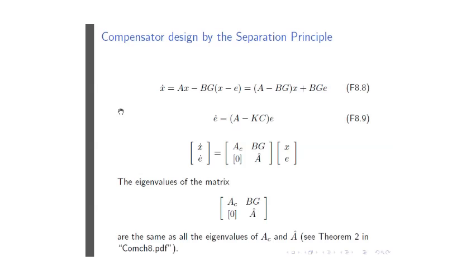He converts this to the Laplace domain, and then he offers a Laplace domain argument to get to the conclusion where I'm heading now. Because of that, I decided, well, look, we want to stay away from the Laplace domain. I'd like to do this in the time domain. And because of that, I've written a set of theorems in the set of notes, comch8.pdf. You'll find, I think there are 4 theorems there.